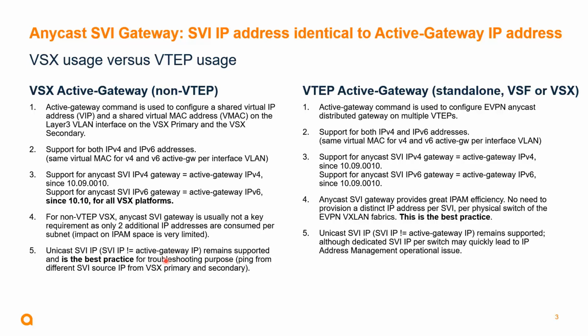So that is important because on the right side, if you have the same IP address for SVI and for the active gateway, obviously sourcing the ping from the SVI may lead to a situation where the packet will go to the destination, but the return packet may not hit the device that issued the ping.